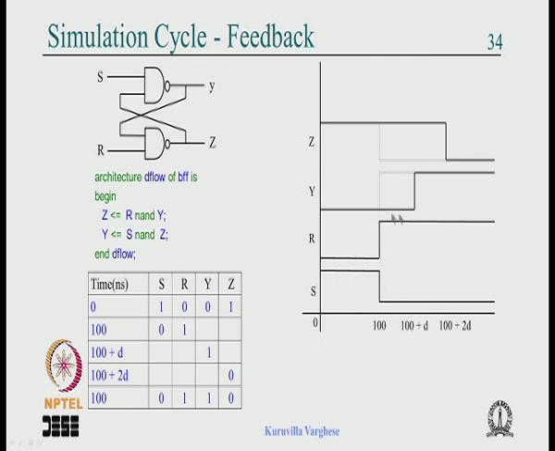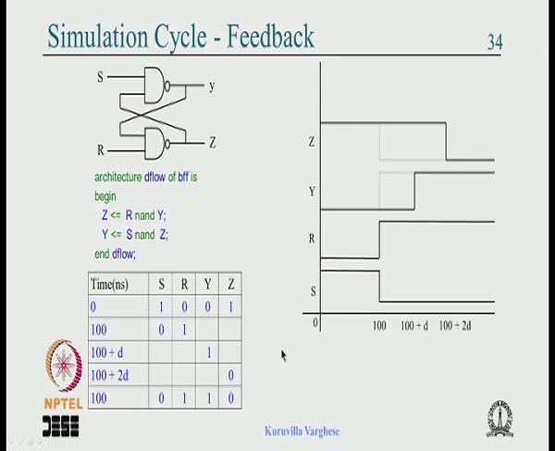At 100 plus delta Y goes to 1, at 100 plus 2 delta Z goes to 0. Ultimately when you make delta 0, Y goes from 0 to 1 and Z goes from 1 to 0 at 100 nanosecond. So it was in reset mode, and it goes to set mode at the same time. So there is no issue, actually absolutely no issue. Whenever there is a feedback, two things can happen.